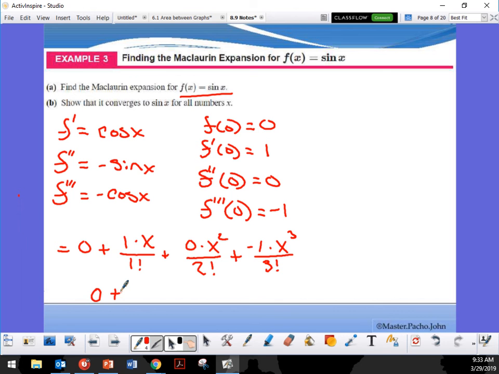Yeah, so it's just x, right? I'm going to leave the factorial here. It helps with the pattern. Okay, so what happens to that? 0. That goes away. That's 0, right? And so what would be my next term? Minus factorial, right?